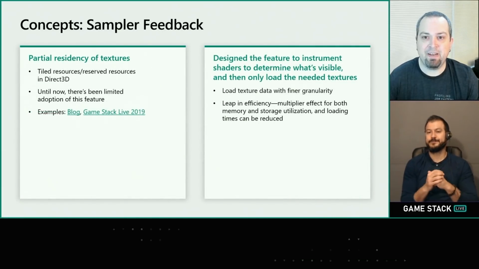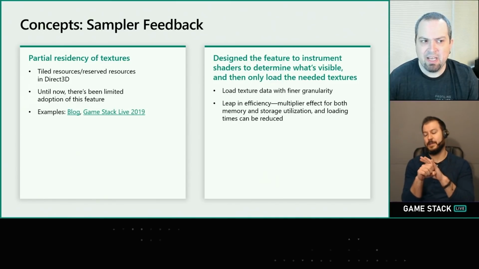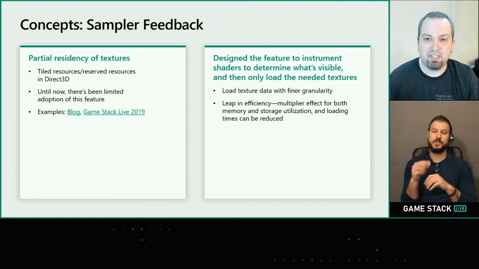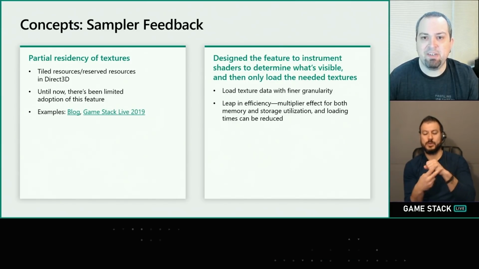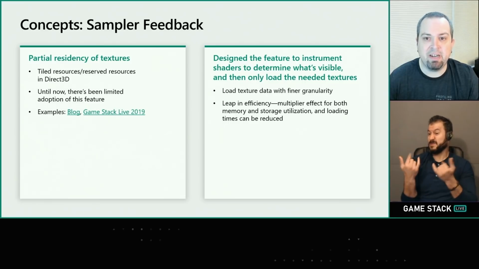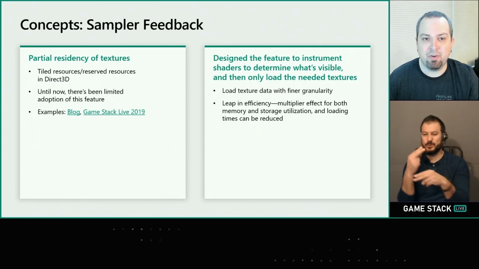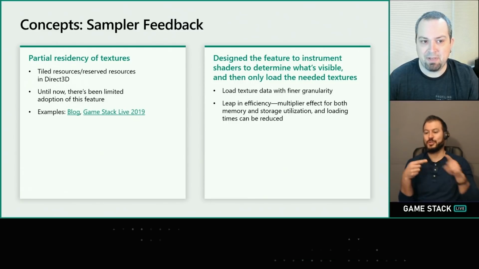I mentioned sampler feedback streaming on the last slide. Sampler feedback streaming is also known as partial residency of textures in Direct3D. It's also known as tiled resources or reserved resources. However, up until now, it's seen very limited adoption in the marketplace because of the speed of storage not being able to keep up.